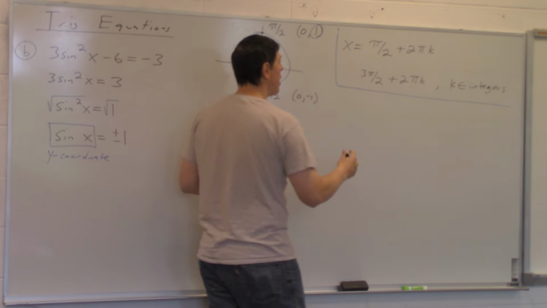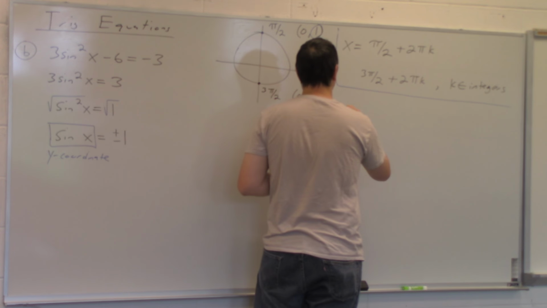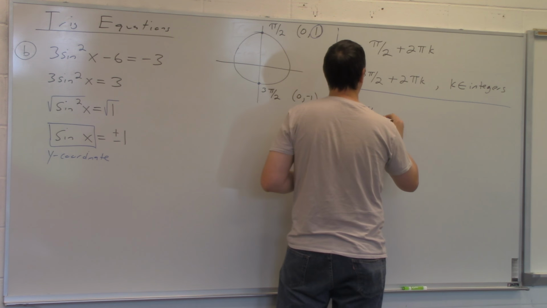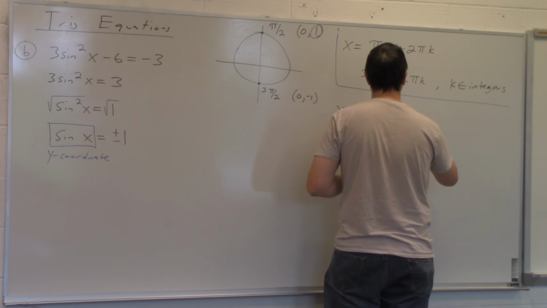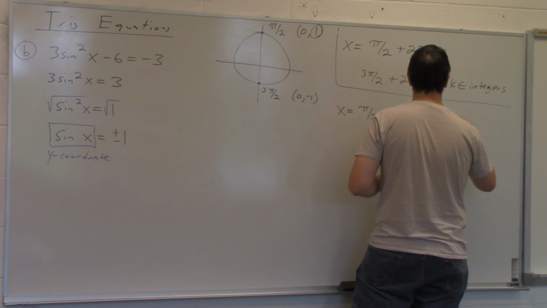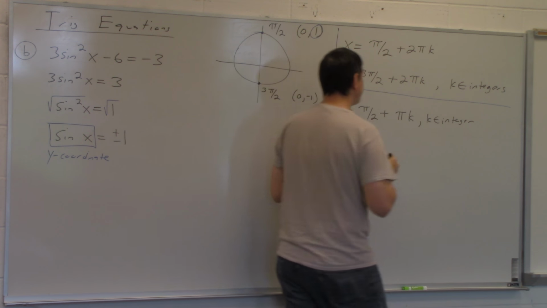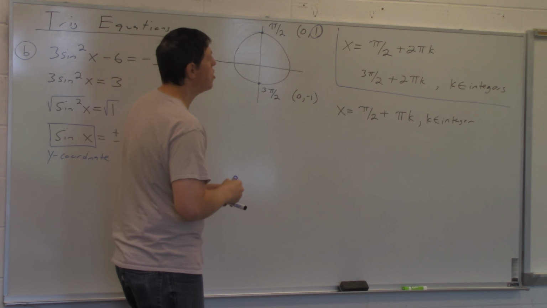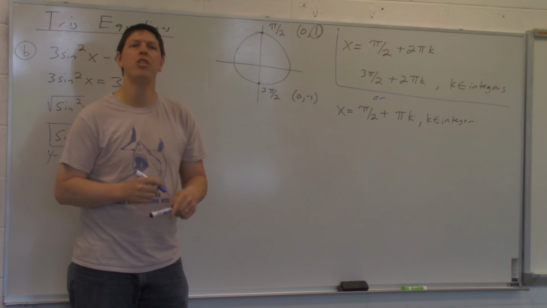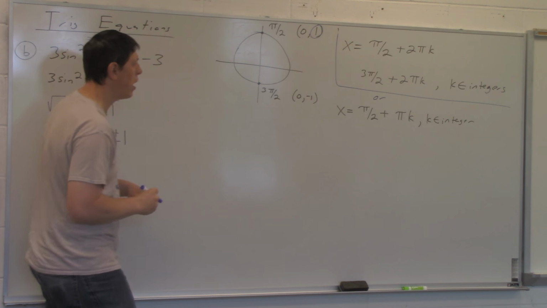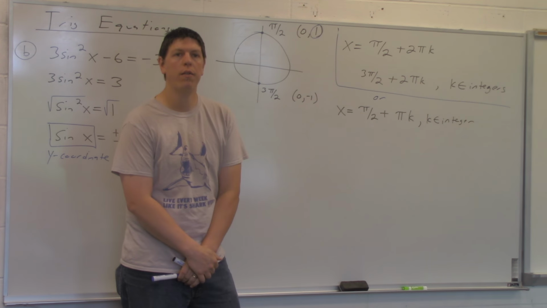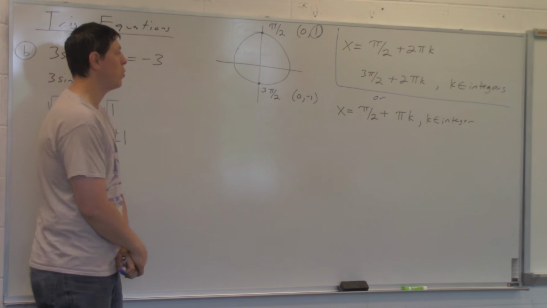So another way to write the answer, combining these together, and this is maybe how you saw it in trigonometry or pre-calculus, is pi halves plus pi k, where k is an integer. That's just a more simplified answer, just because sometimes mathematicians are lazy and they don't want to write more than one answer. Either of the two answers that I've proposed here, I'm perfectly fine with. And I think most mathematicians would understand that as well.